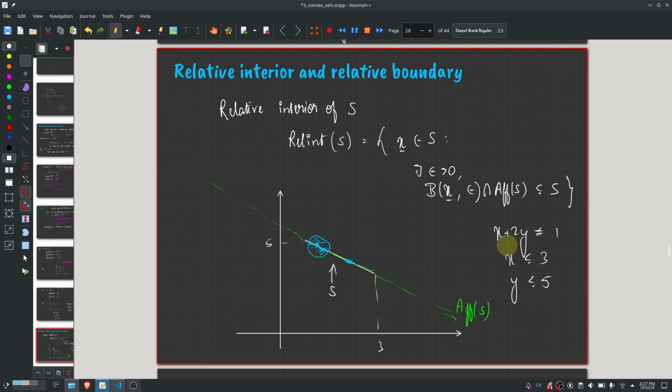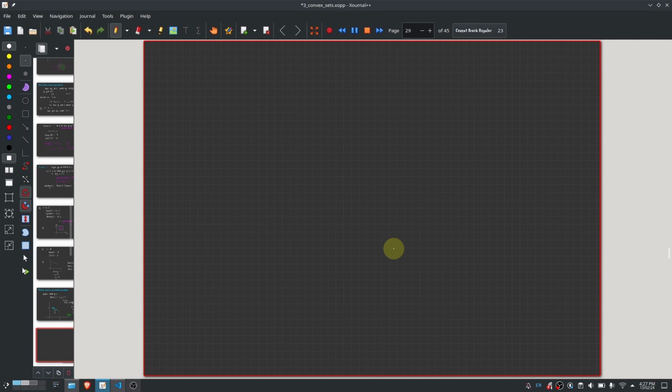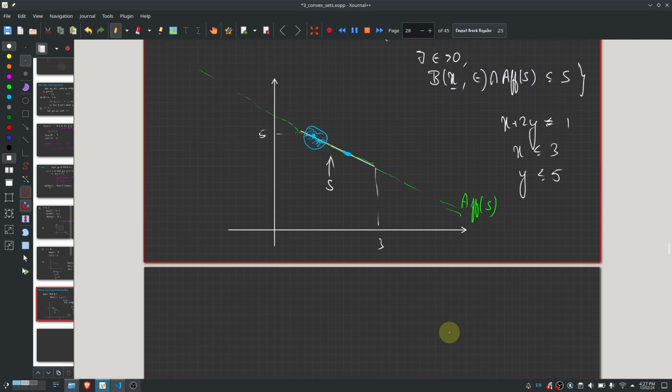Suppose these three inequalities correspond to this particular line segment. Okay, what would the relative interior correspond to? It would be this line segment without the extreme points, right? So what would happen? If you had to algebraically describe the relative interior, what would it be?